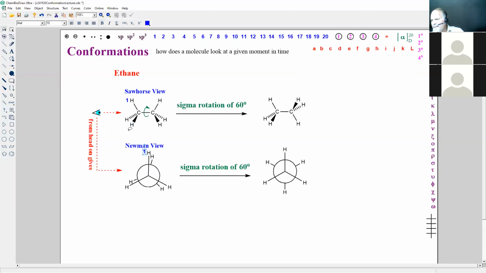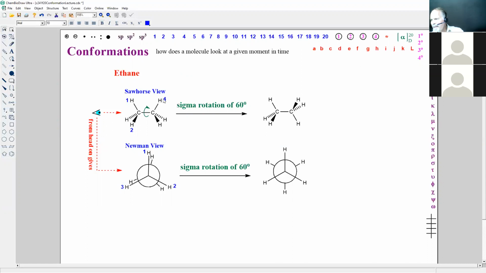And if this is a hydrogen here, I'll call that 2, and that is to my right. If I'm over here, every wedge is to my right because it's sticking out of the page, and it's on the front carbon. So that's 2. And to my left is a dash. That's 3. And on the back carbon, we'll go 4, 5, 6.